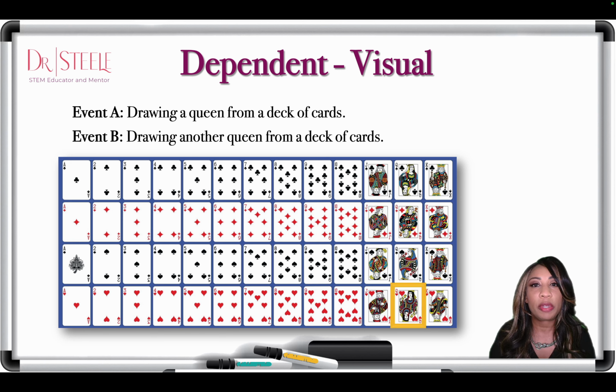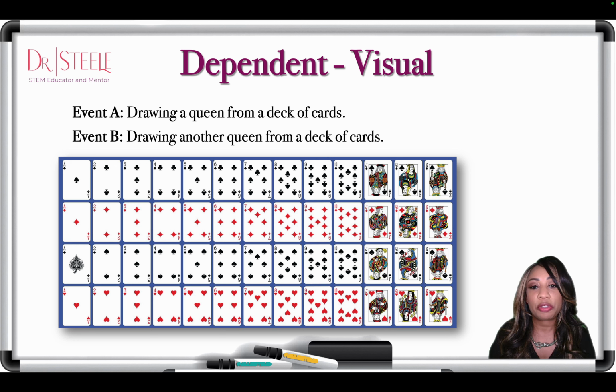All right, so let's say we do end up drawing a queen, and it's the Queen of Hearts. Great. Now, that Queen of Hearts is gone because we've already taken it out. And so now we only have 51 cards, and we only have 3 queens left, right? Because we drew a queen for event A, it changed the probability for event B. Now, let's say we didn't draw a queen.